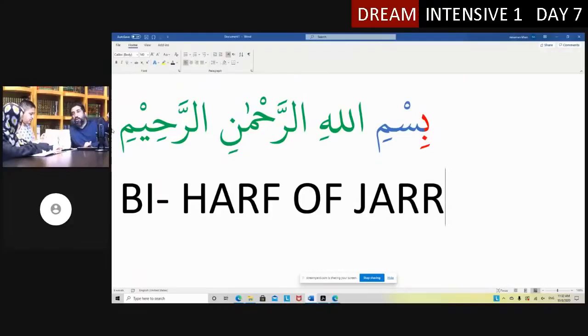If B is the jar, what's the majroor? Bismillah. No, ismi. The ismi part is the majroor. The alif gets not written. It's a thing. When I teach you one day, Imam Fakhruddin al-Razi wrote pages on why there's no alif in the word ism in Bismillah.